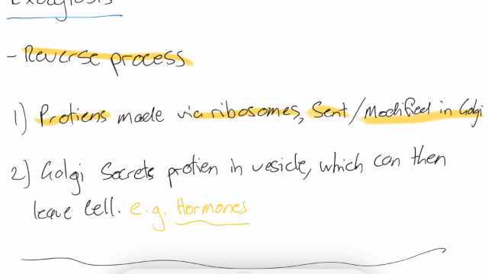So the Golgi apparatus effectively prepares the protein synthesized to leave the cell. It places it in that vesicle type structure and secretes it such that the vesicle can then fuse with the cell membrane, allowing your exocytosis to take place.